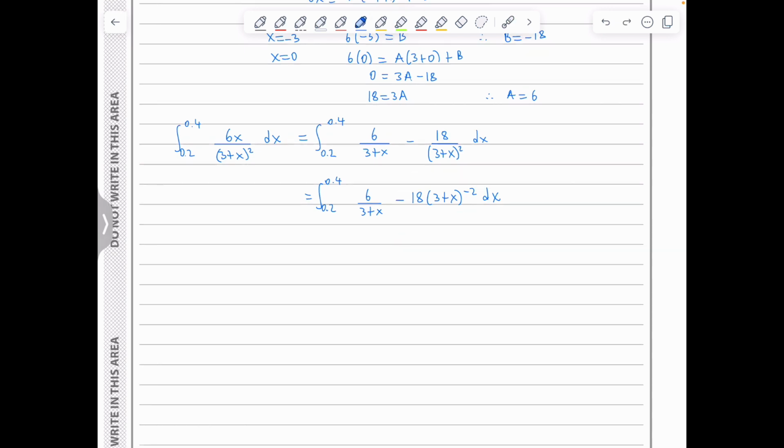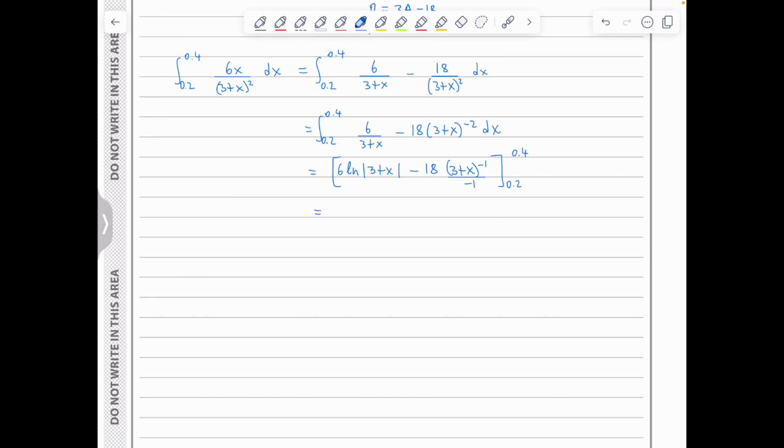Now the integral of 6 over 3 plus x is simply 6 ln of the absolute value of 3 plus x minus 18 times (3 plus x) to the minus 1 over minus 1, and I've got limits of 0.2 and 0.4. And before substituting the limits, I will simplify the expression here. So it's 6 ln of 3 plus x plus 18 over the 3 plus x, and we've got limits of 0.2 and 0.4.